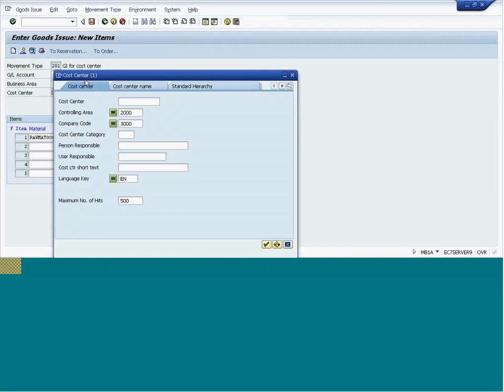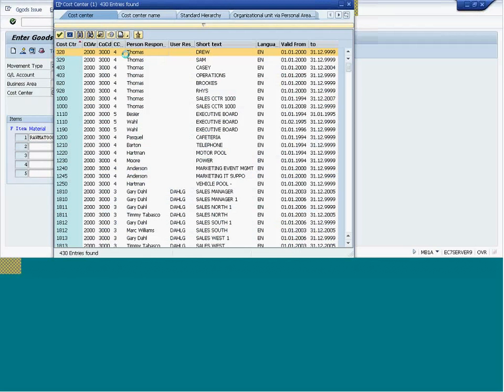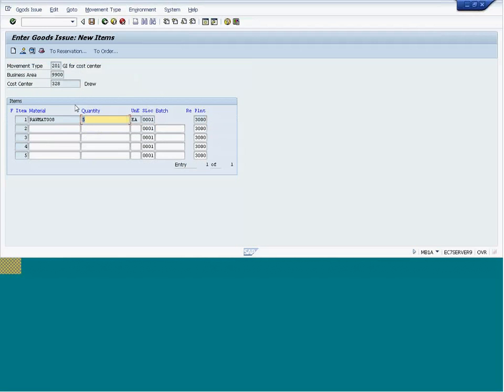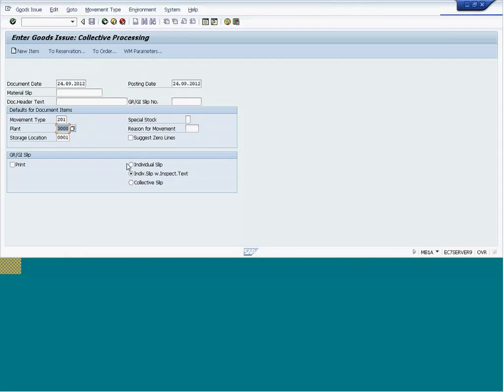Let us have a cost center, right? Any cost center should be okay, and then it is issuing for the cost center. So 5 times 75, right, would be the value. So let me save it. You see now this is the value. But this should not change any price on the material master now, right?